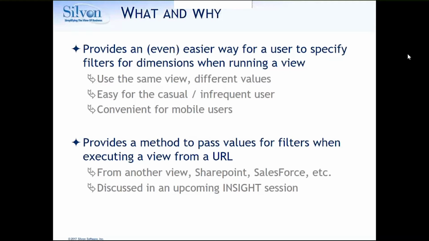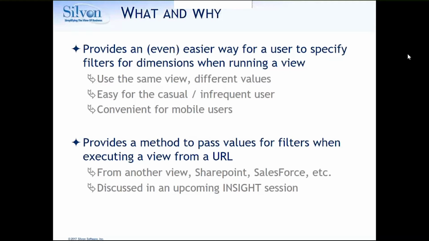Again, in 6.5, we added a new filter icon up at the top of the screen that makes it an easier way to provide filters as well. But parameter prompting is another approach to that.